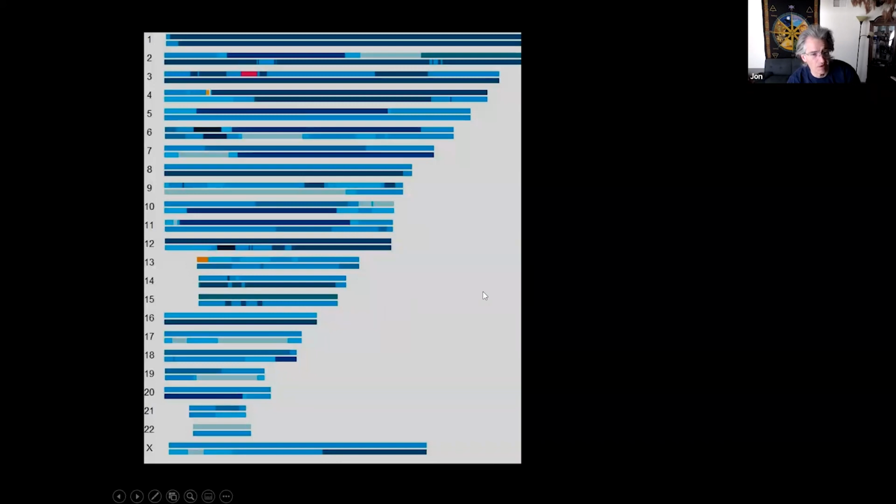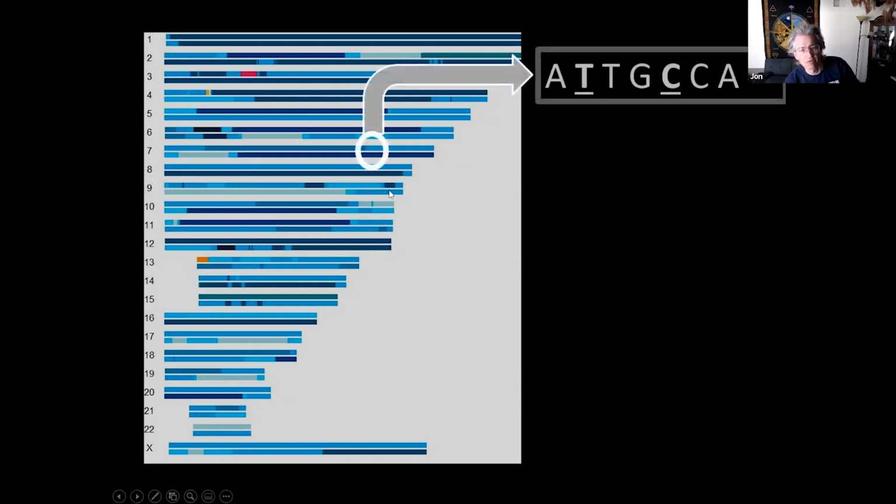This is my sister, by the way. I don't have the exact same ancestry composition as her, of course, because like I said, we don't have exactly the same DNA, but I have a lot of similarities. Okay, so this is the way it works. Let's say that you zoomed in really close on this one section on the upper bar of chromosome 7.